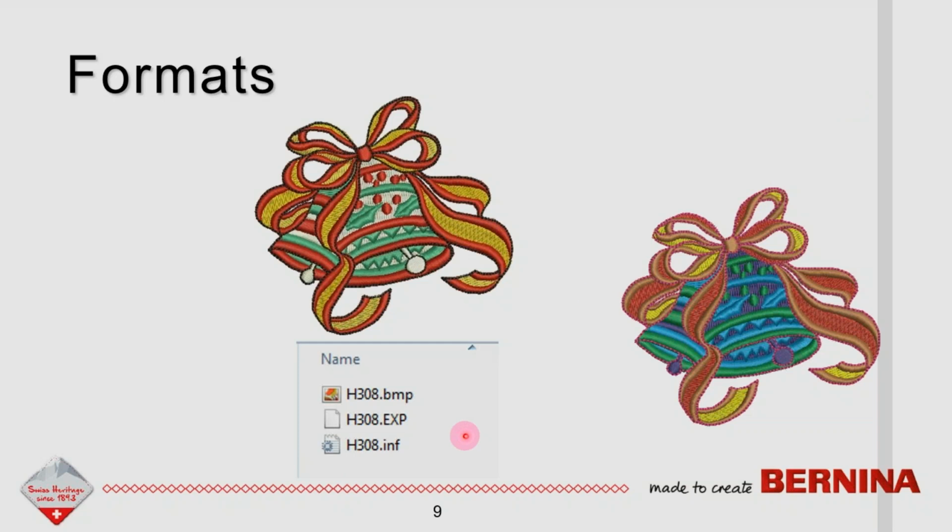The BERNINA EXP file carries 3 different types of files. It has a bitmap, which is the picture. It has the EXP, which is the design. And it also has an INF file, which carries the color information. So a format has to have color information, or when you open it in the software, it's going to look weird.